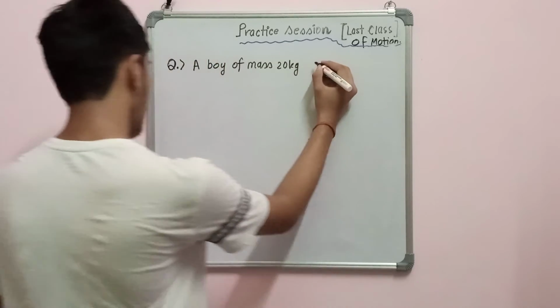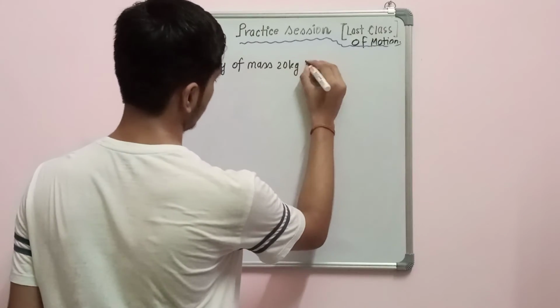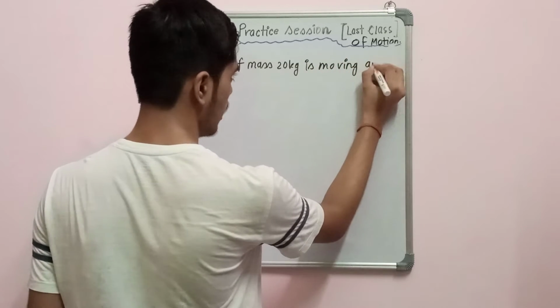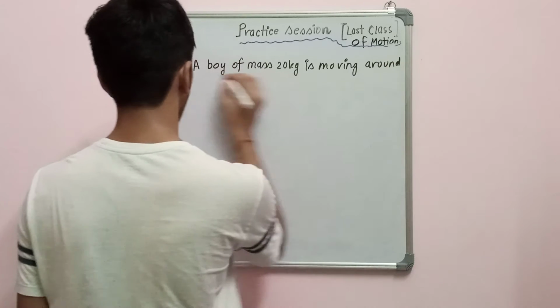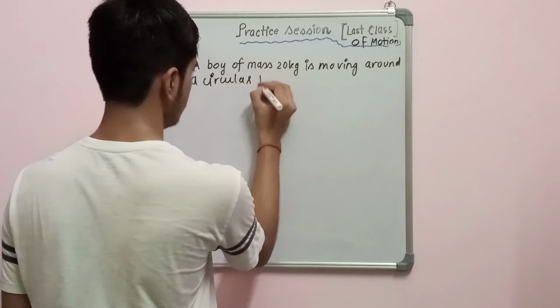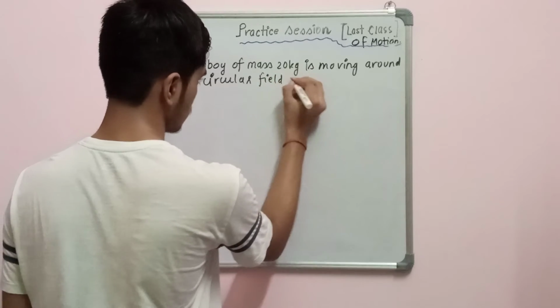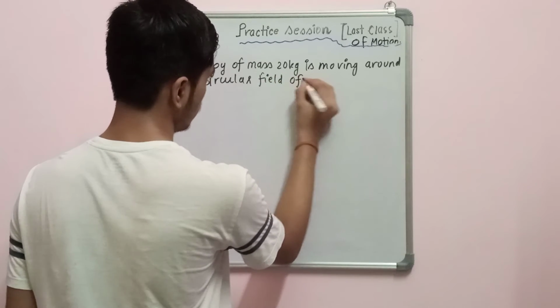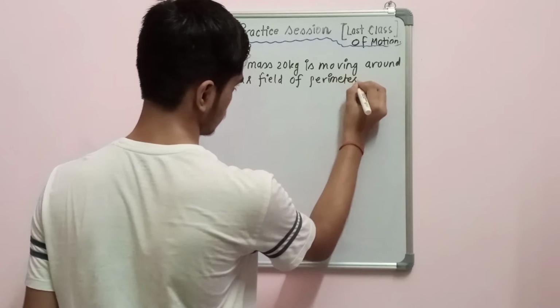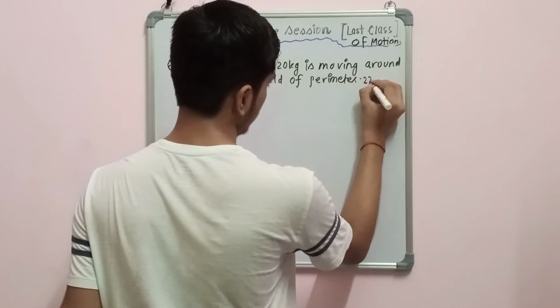A boy of mass 20 kg is moving around a circular field of perimeter 220 meter.